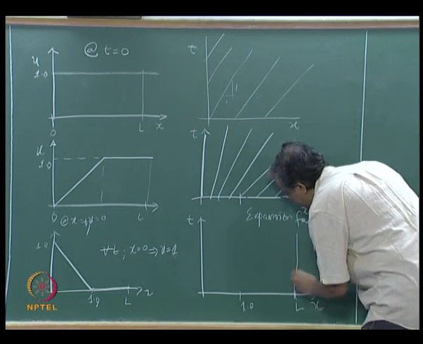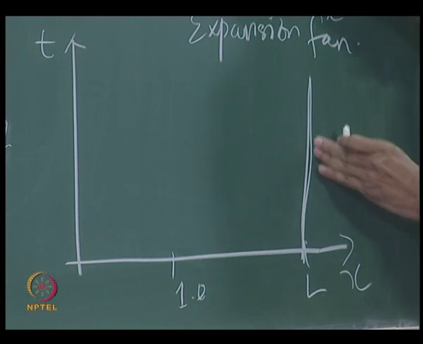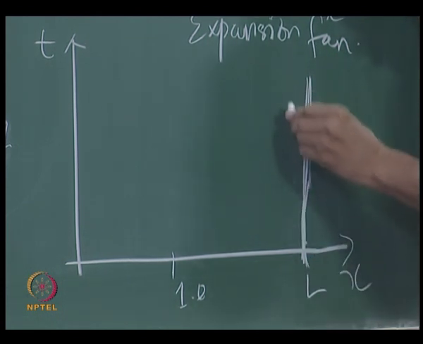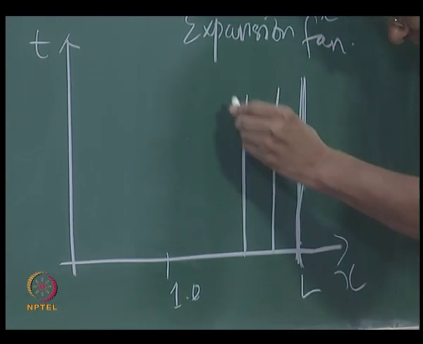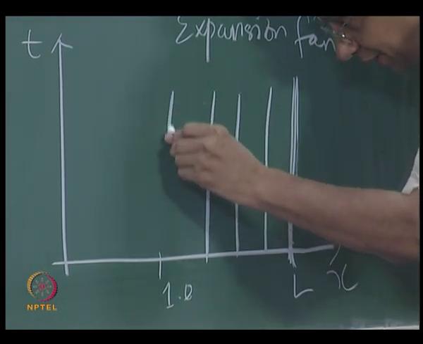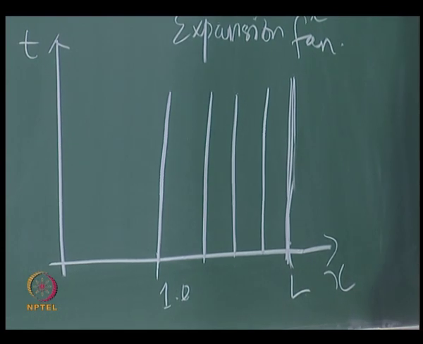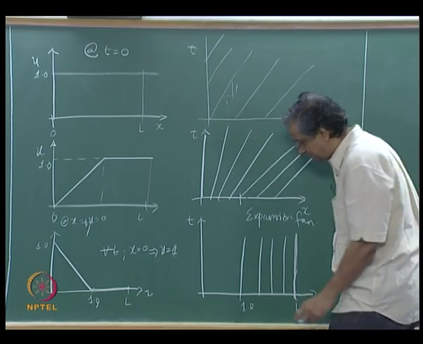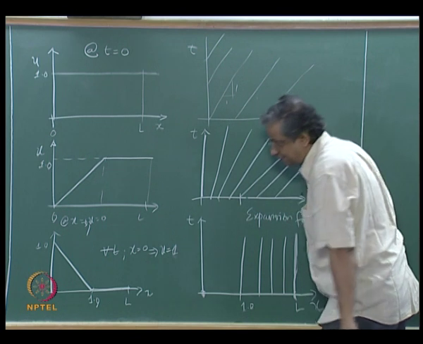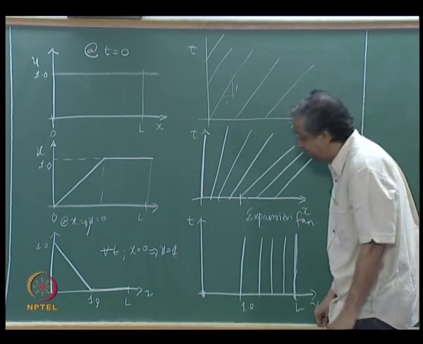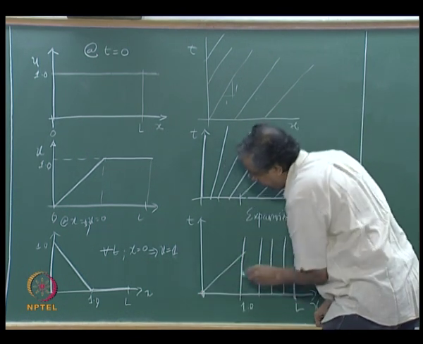So you will get vertical lines, right up to that, and of course at the characteristic at 0, you will get a 45-degree line.